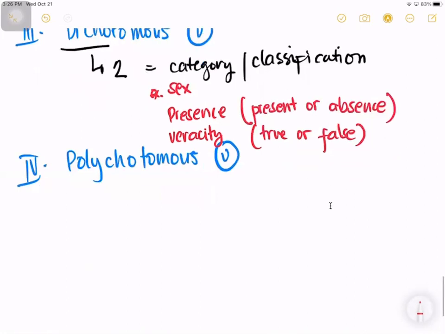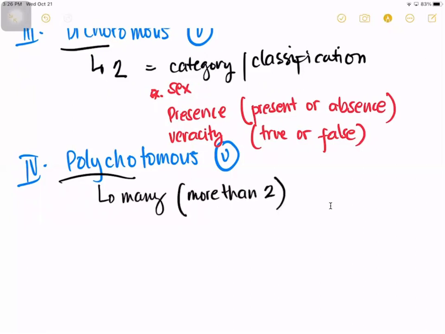While polycotomous, on the other hand, more than two. Okay, from poly, which means many, or more than two. Okay, so diri na masulod, or it is where now we add your gender.